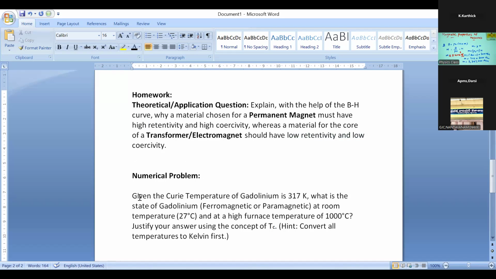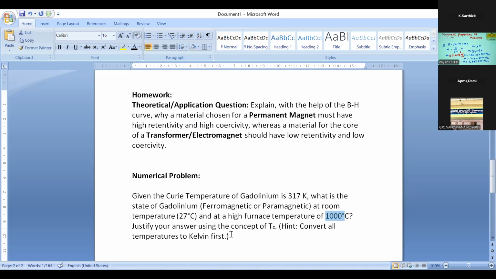This is one. And another one, a numerical problem. Given the Curie temperature of gadolinium is 317 Kelvin, what is the state of gadolinium, ferromagnetic or paramagnetic, at room temperature, taking 27 degrees Celsius as room temperature, and at a high furnace temperature like 1000 degrees Celsius?